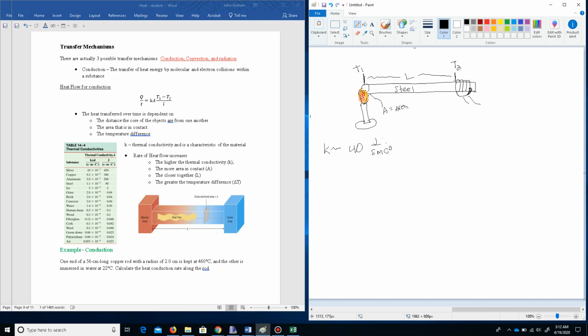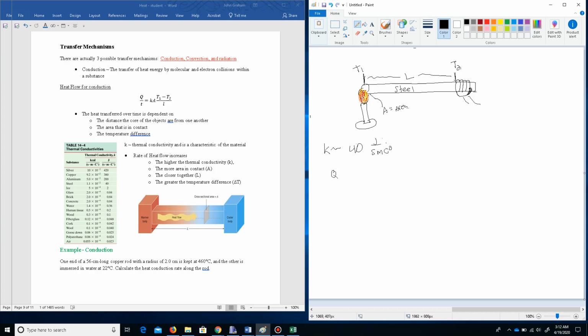Okay, I've mentioned the length, the temperatures, the area, and our K. The Q over T is basically heat flow.